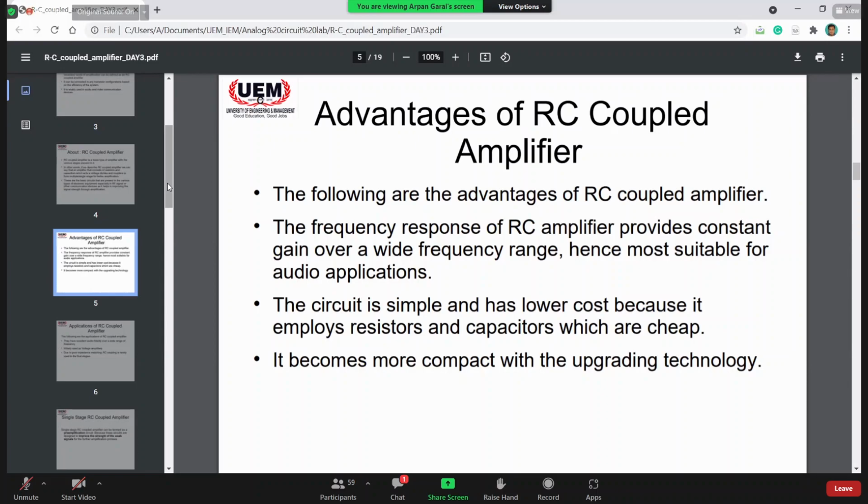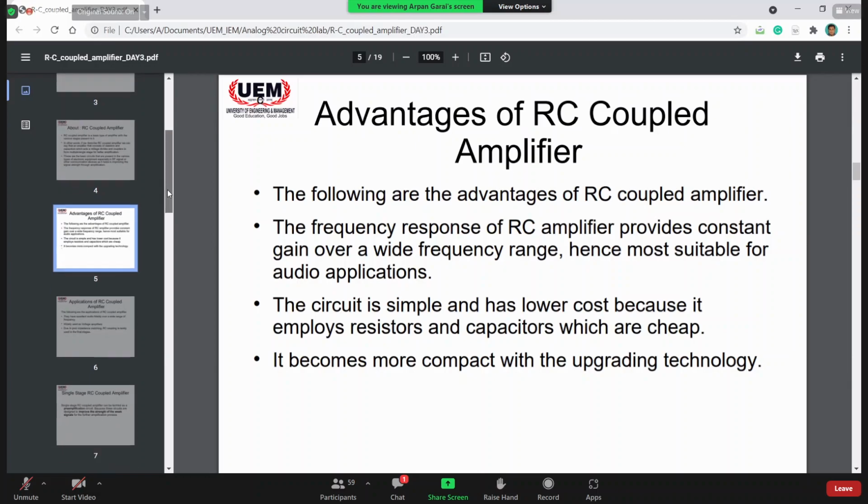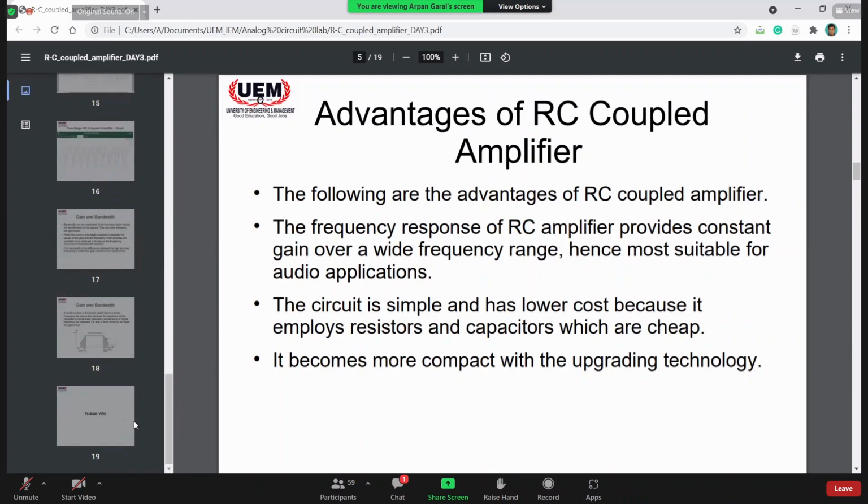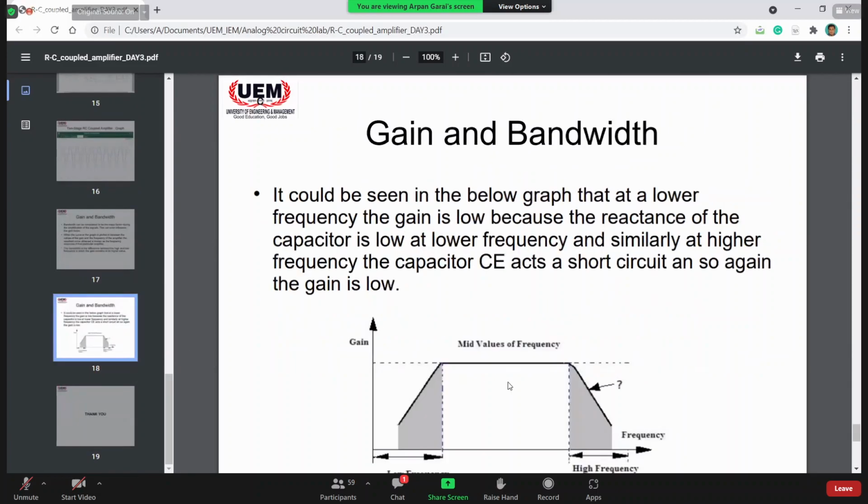Then at the next moment, if it is 5x, that is a big problem. And then suppose in the next second it is 7 times. That would be very problematic. But in the case of the RC coupled amplifier, the signal looks like this.